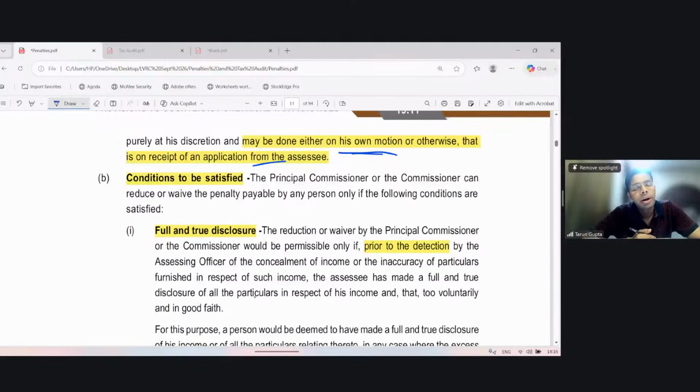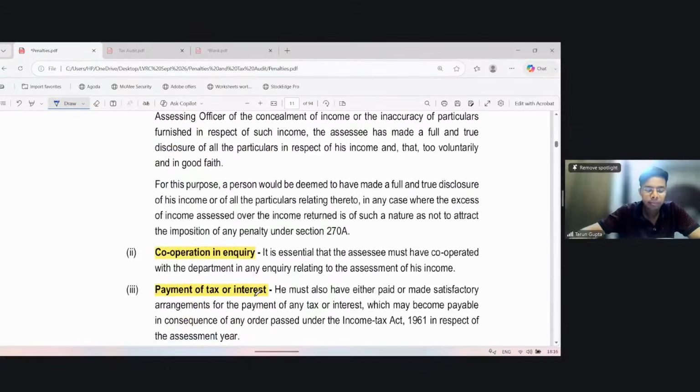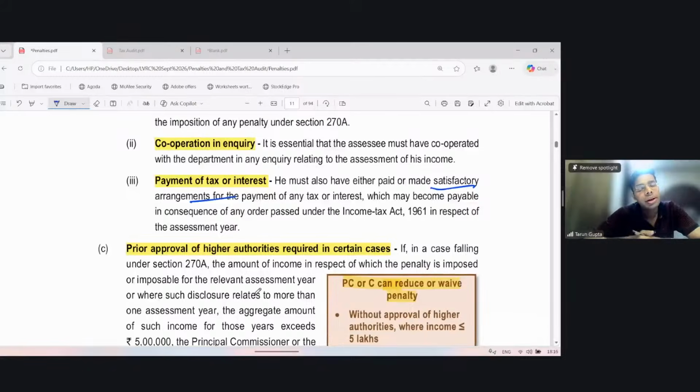The assessee must have made full and true disclosure, and that disclosure must be made before detection by the assessing officer. Second, the assessee must have cooperated in the inquiry with the department. Third, the assessee must have paid or have made satisfactory arrangement for the payment of tax and interest due. If all these three conditions are satisfied, then the PCIT or CIT may reduce or waive the penalty.